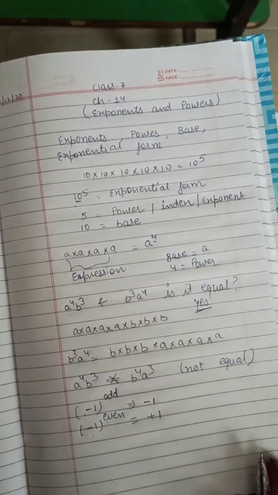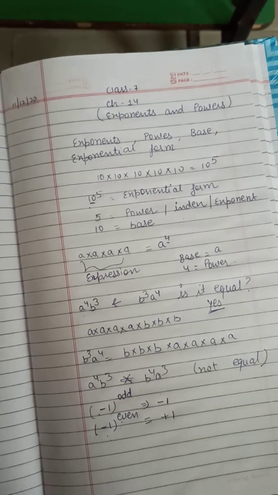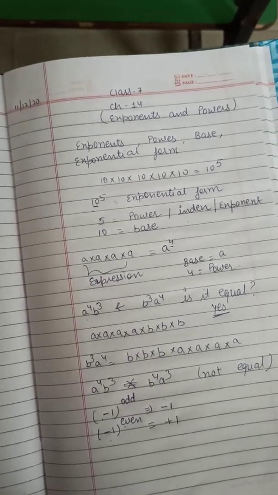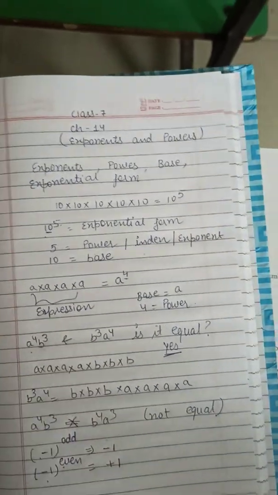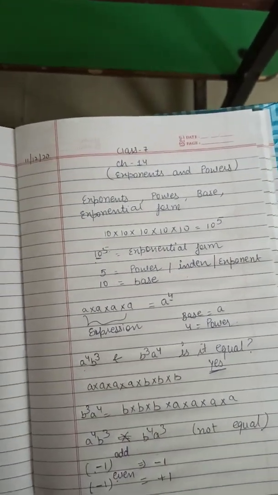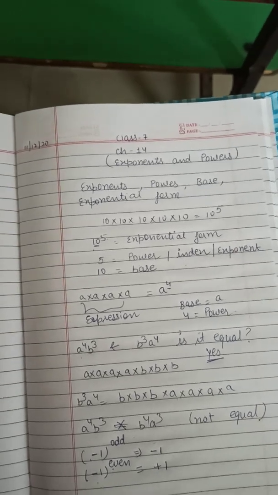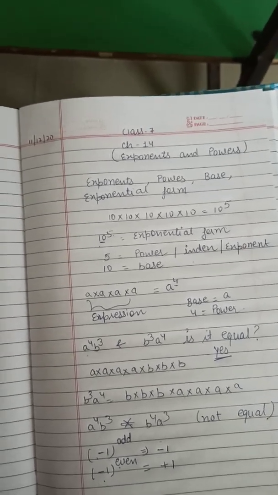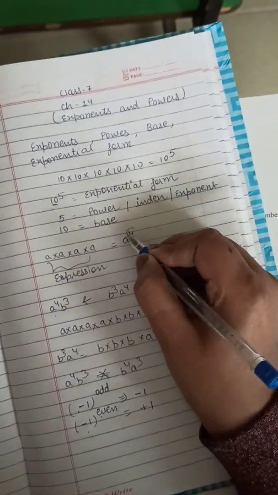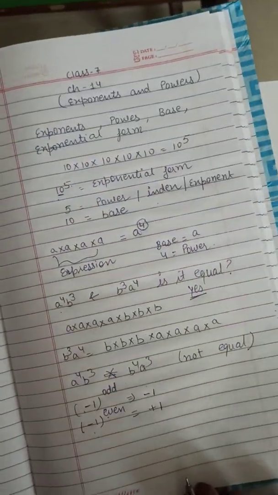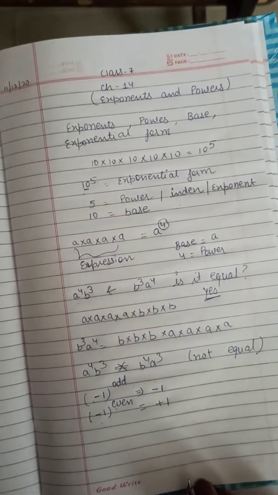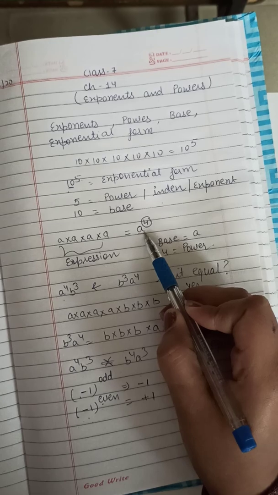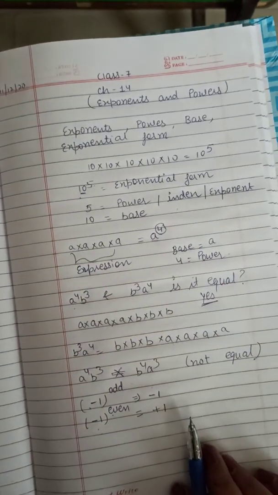Next, the exponent, power or index is the number of times the base is multiplied by itself, right?